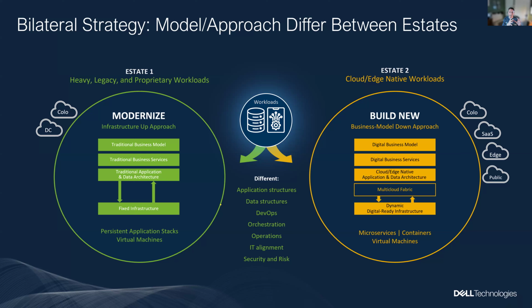And we have an island, if you like, of fixed infrastructure that's not fluid and it's not dynamic, which is quite the polar opposite to what we're doing with cloud native workloads, right? So it's a digital business model. It's digital services, it's microservices, and it's a very rapid continuous improvement, continuous development life cycle, right? So it really is quite different.